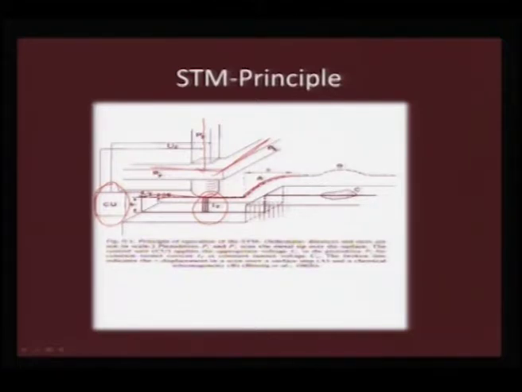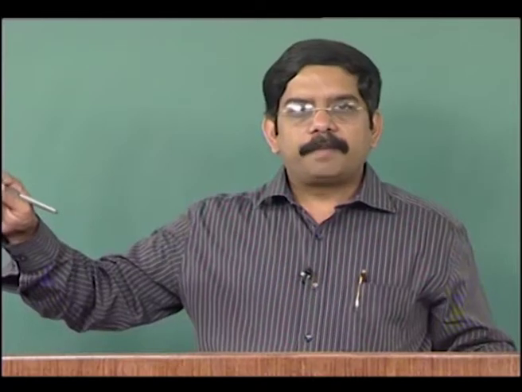And if you see a small bump here, then you understand that the surface is inhomogeneous, it is not flat, or something else is there. So, the way the tip moves will give you all the related information about the surface that you are probing.